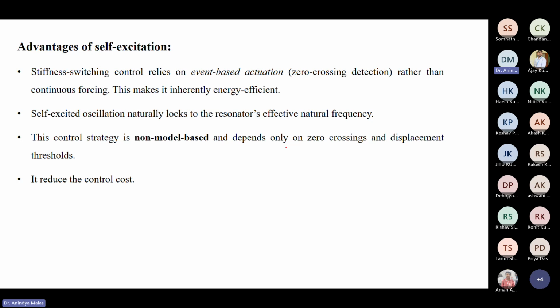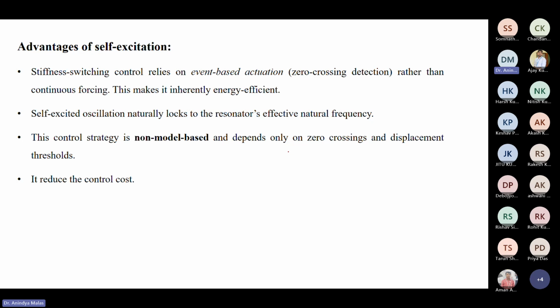For example, if you consider a washing machine, in a washing machine chaos is actually required. That chaos you can generate easily by using the self-excitation technique. So that is the advantage. And here it is developed using a discontinuous function.